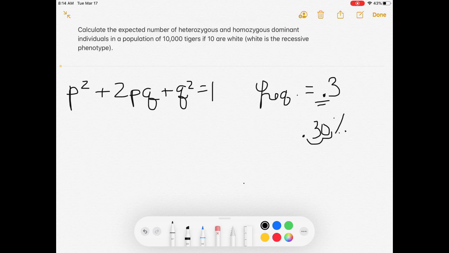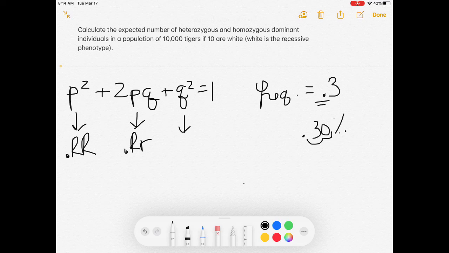If this is our first equation here, p squared is the frequency of individuals, so actual organisms, like tigers, in our population that are homozygous dominant. So it's the frequency, with a decimal point, of how many individuals are big R, big R. Now, our 2pq is how many individuals are big R, little r in our population.